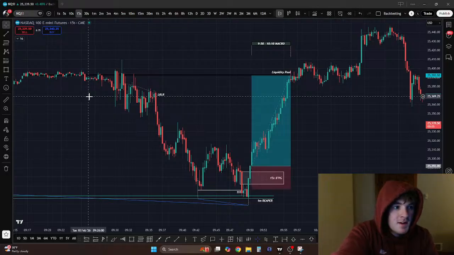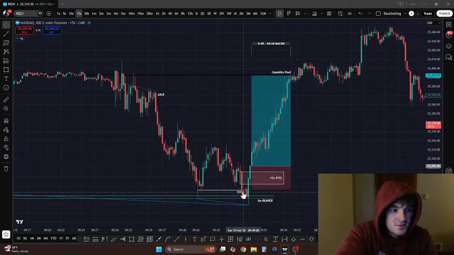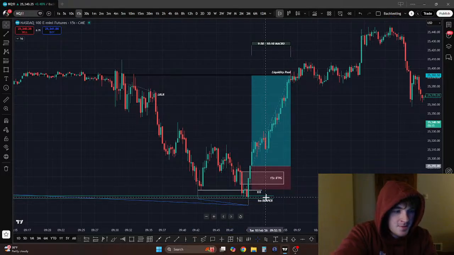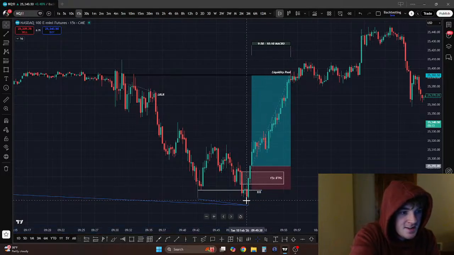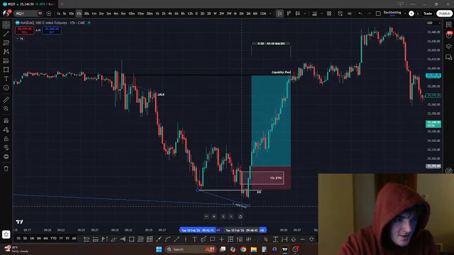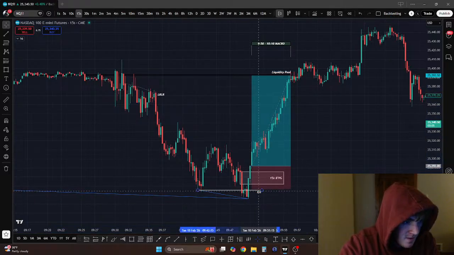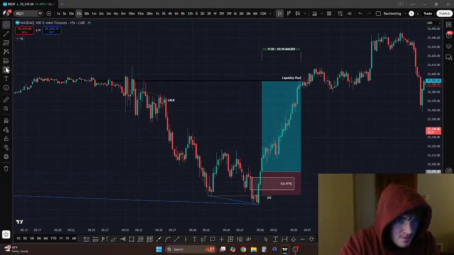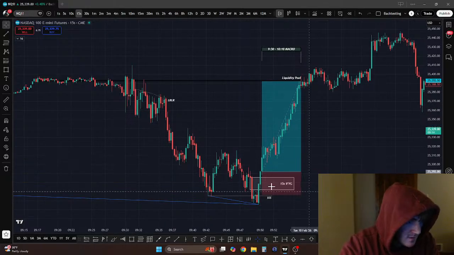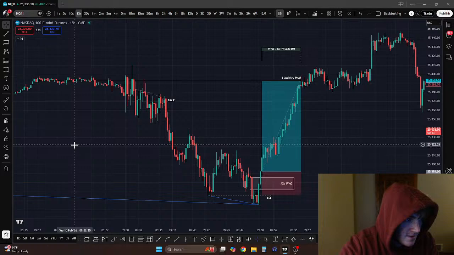Okay, and then as you guys know, you just take this as a regular inversion. You don't really need the Reaper. That's just kind of like me nerding out a little bit about the fact that that was so precise, but like I said, you don't really need that. And then we deliver up higher from here. Could have taken profit at the end of this LRLR as well.